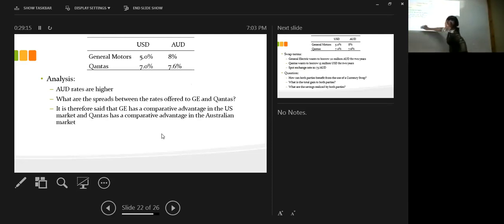What are the spreads between the rates offered to GE and Qantas? Well, in US dollars, the spread is 2%, for 5%. That's the same numbers from before.